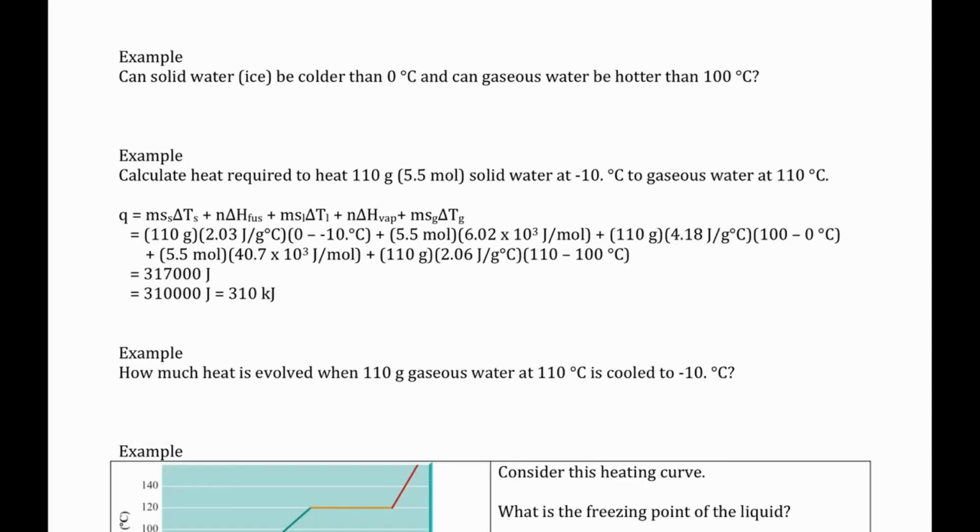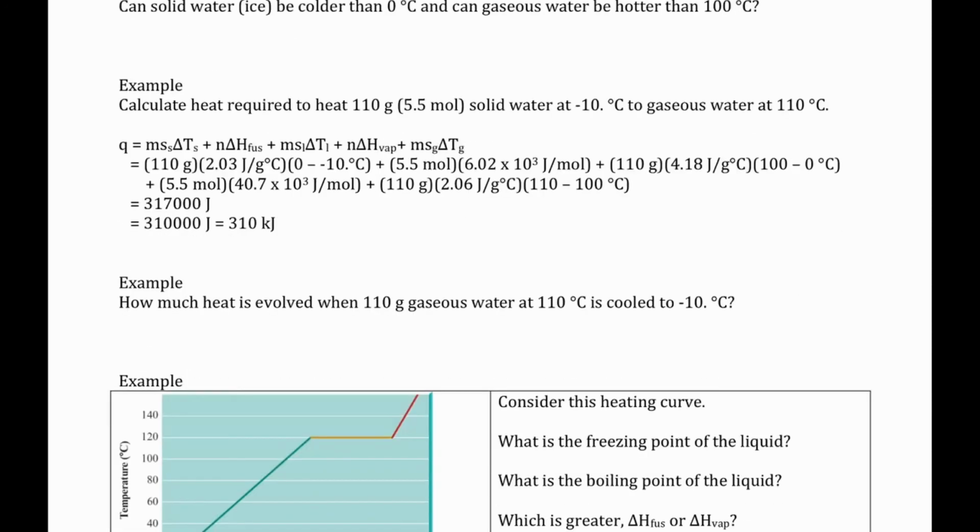The example that we'll look at together is: calculate the heat required to heat 110 grams or 5.5 moles of solid water at -10 degrees Celsius to gaseous water at 110 degrees Celsius. Don't confuse the 110 grams with the 110 degrees Celsius. Just coincidentally, those are the same numbers.